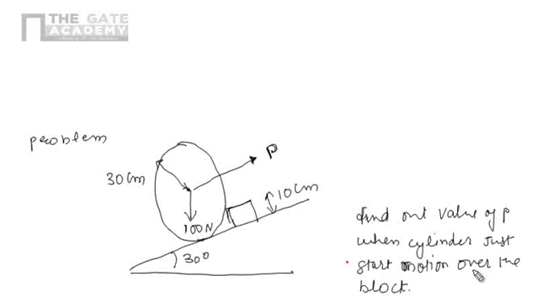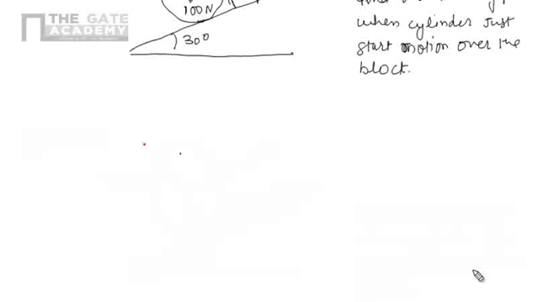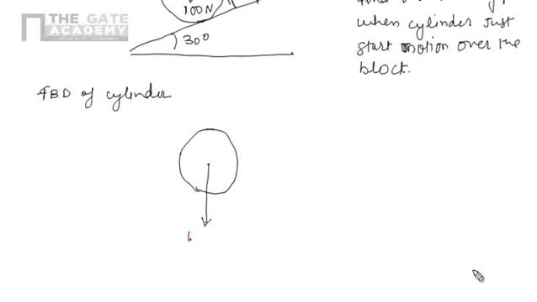So first draw the free body diagram for this thing. If we draw the free body diagram for this case, we are having three forces. So let's draw the free body diagram of the cylinder. We have to isolate this cylinder from other surface. One is the weight which is acting in the downward direction. Second, that is the reaction at the obstacle.